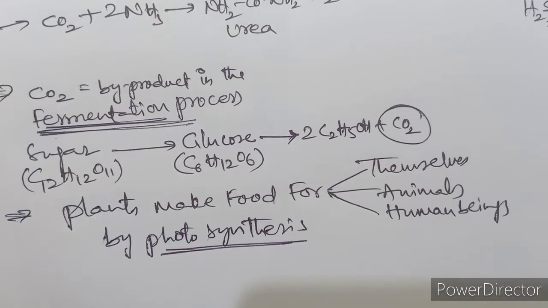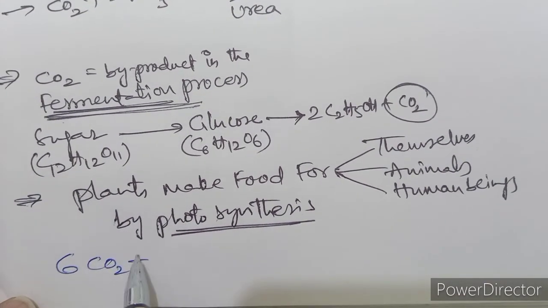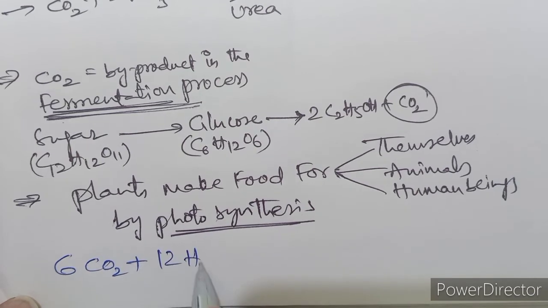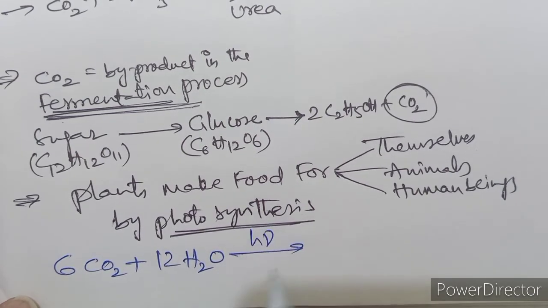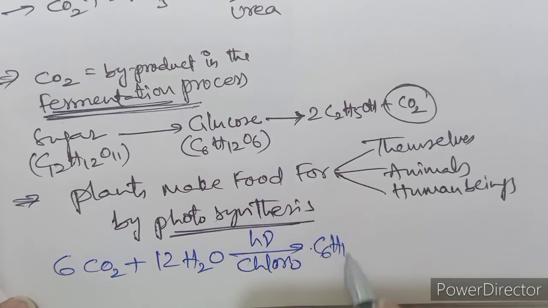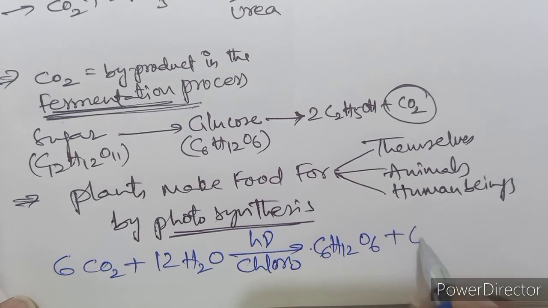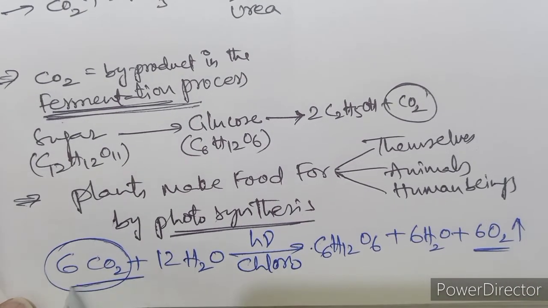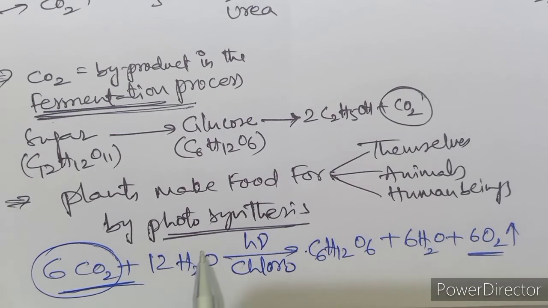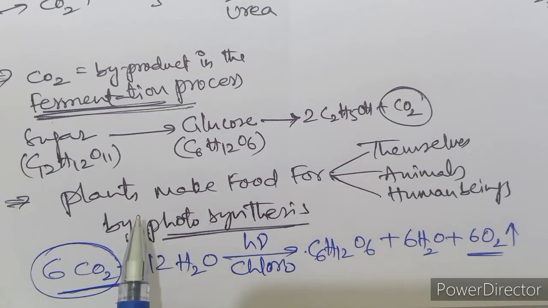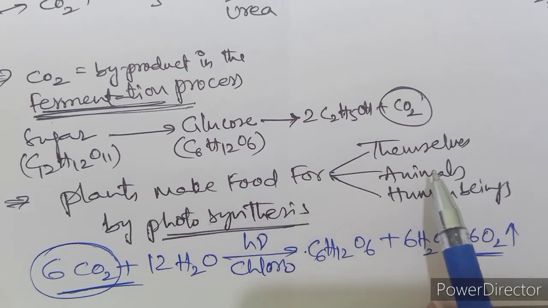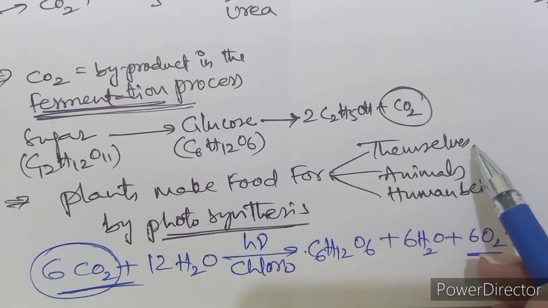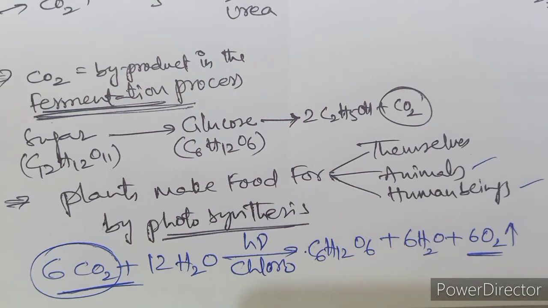In this photosynthesis process, 6 moles of carbon dioxide react with 12 moles of water molecules in the presence of sunlight and chlorophyll pigment. It gives C6H12O6, glucose molecules, and releases oxygen. This carbon dioxide is used by the plants to make food, not only for themselves but also for animals and human beings.